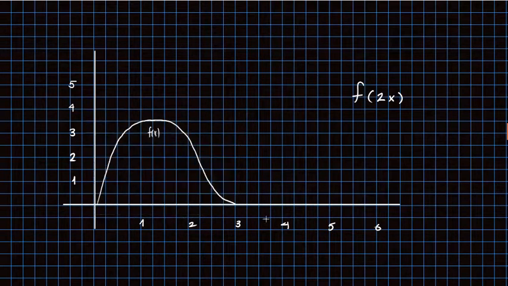So there's our new graph. This is the graph of f of 2x. We shrink in the horizontal direction by a factor of 2.